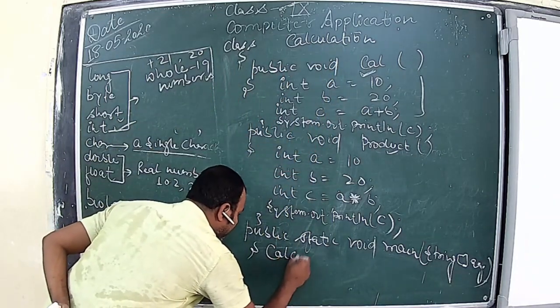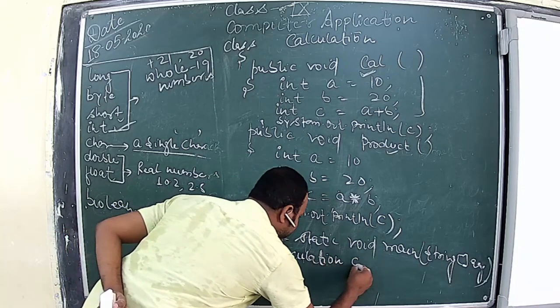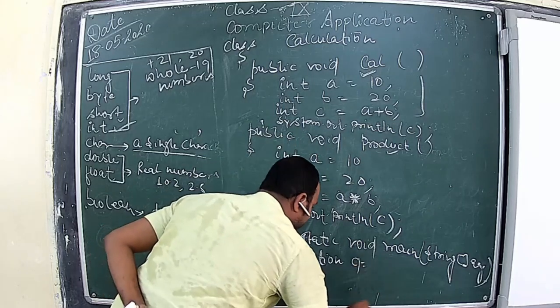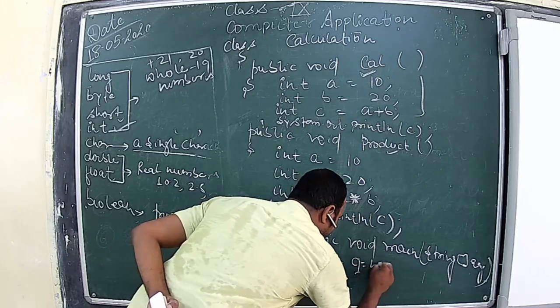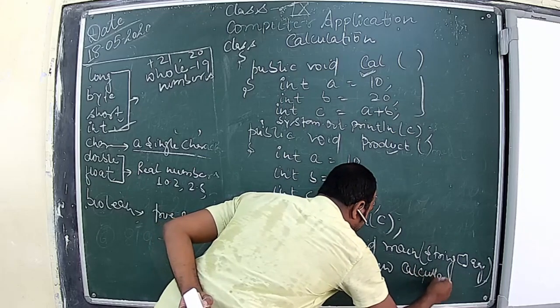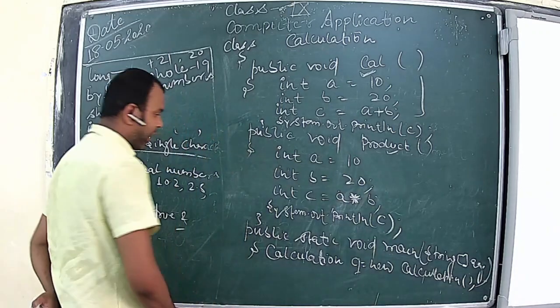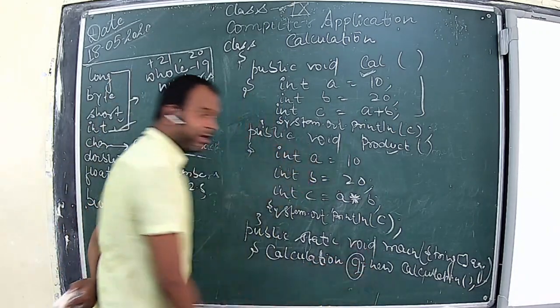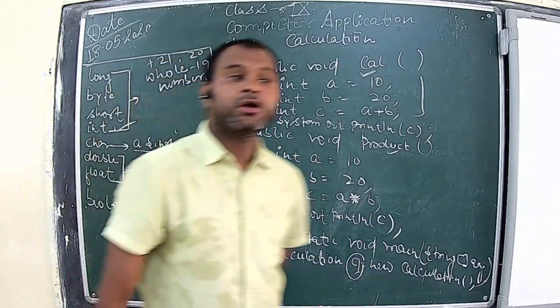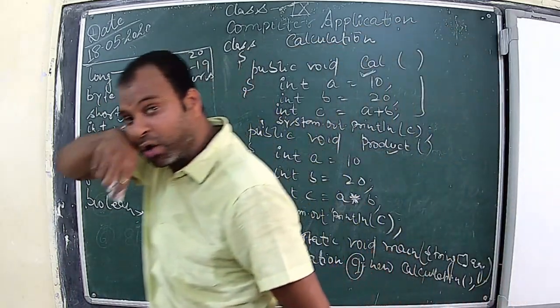So Calculation, or C1 you can write, C1 equals new Calculation. Clear? And now the object is created. In BlueJ also, how did you call it in class 8? If I want to call a function, how did you call it?